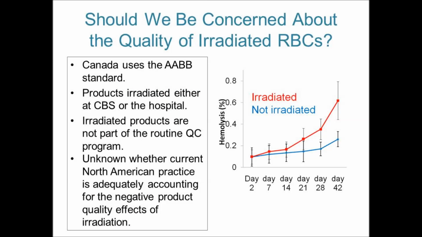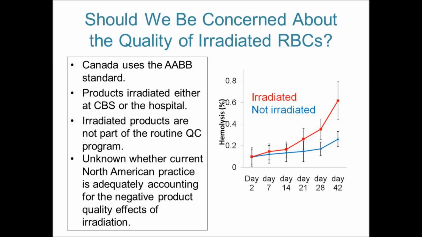So should we be concerned about the quality of irradiated red cells? As I mentioned earlier, we use the AABB standard, even though we're CAP accredited here in Manitoba. And our products in Canada can be irradiated either at the CBS in some sites or at the hospital if they have an on-site irradiator. Irradiated products, though, aren't usually QC'd.